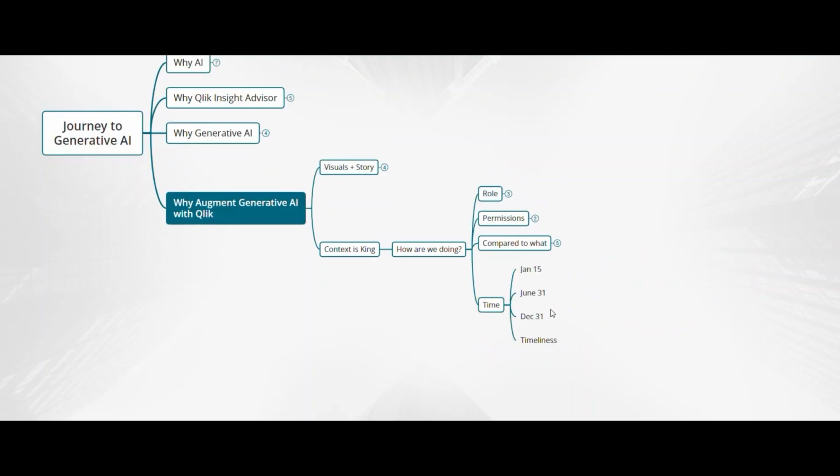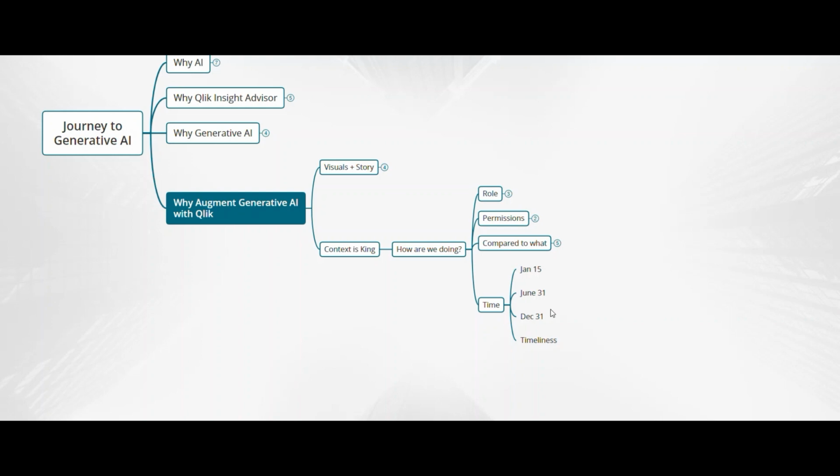The other one is time. As a human analyst, if my sales VP comes to me and says, hey, how are we doing? And it's January 15th, I know he's trying to figure out territory planning. Do we have account managers in place for all of our different territories and customers?